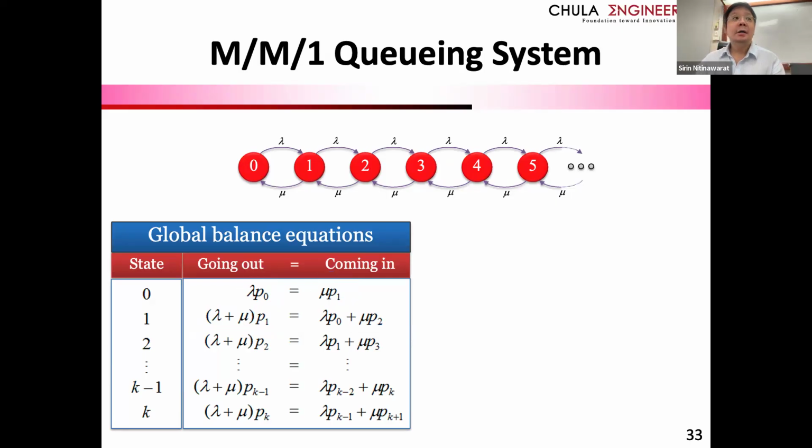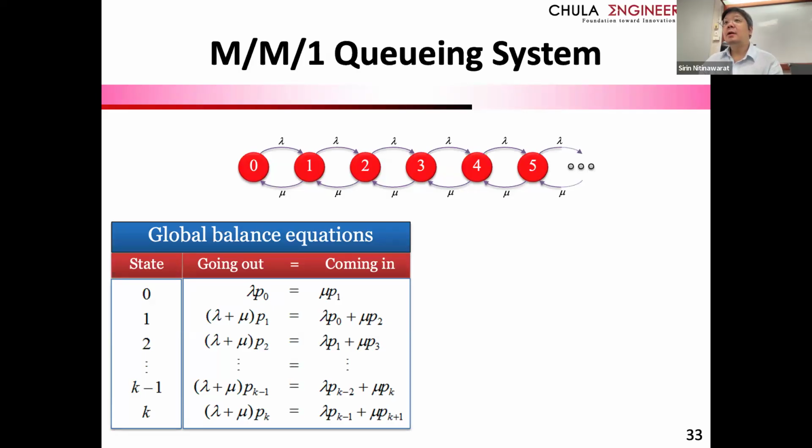So now you have a system of infinite equations, right, describing the global balance equation in terms of the stationary probabilities that you want to derive, right? Remember, lambda and mu are parameters of the system. We have shown you that in the long term, the system will stabilize into the stationary distribution, described by the P's.